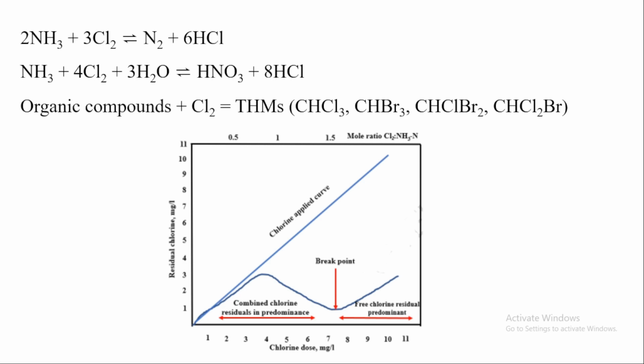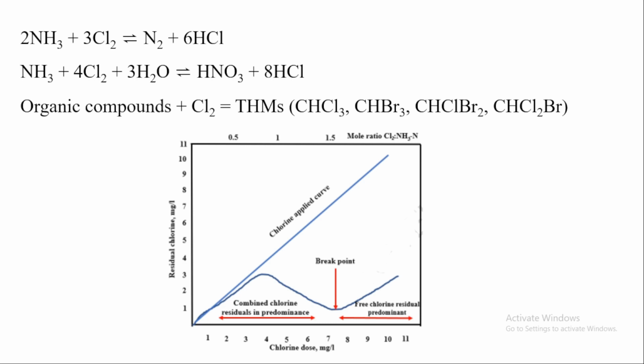So, there is no residual chlorine being formed. It will decrease up to a certain point, and once all the substances have reacted with the chlorine, after this point the free chlorine residuals will predominate and increase in number.